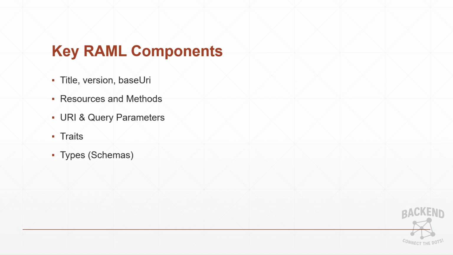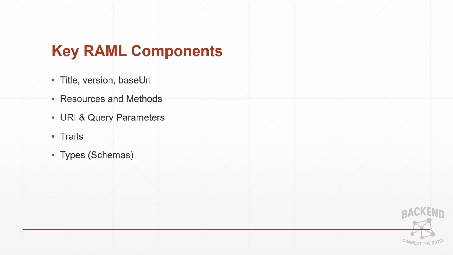In this slide, I want to discuss the main components of RAML. The title is the main thing. Whenever you create a RAML, the title is very important, and the version is important. You might have multiple versions of your API in a real-world scenario, so versioning is very important.